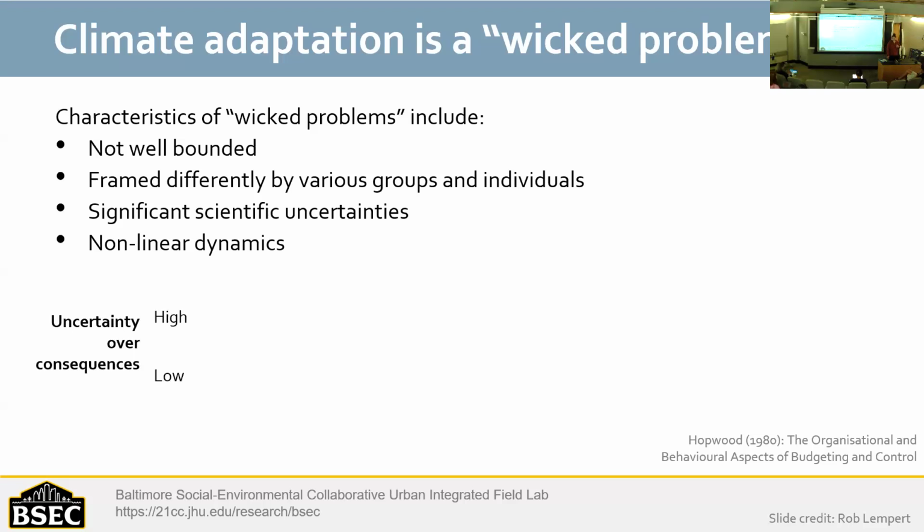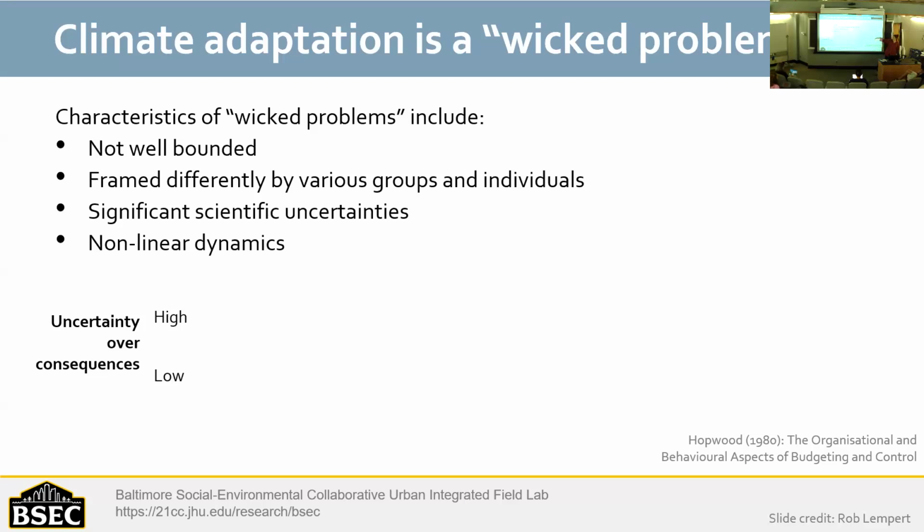So in the decision analysis world, this kind of problem is difficult because of two dimensions. First, we have uncertainty over consequences. So we have uncertainty over what might happen, say in the future climate change, or uncertainty over an action. Say I implement a policy and I have a guess over how well it will work, but I'm not certain.